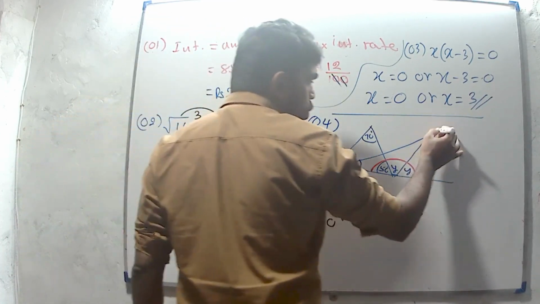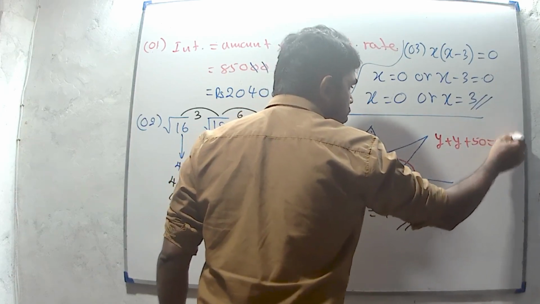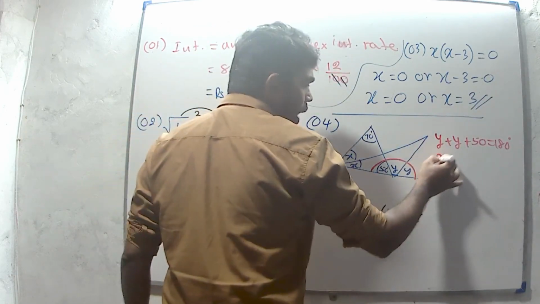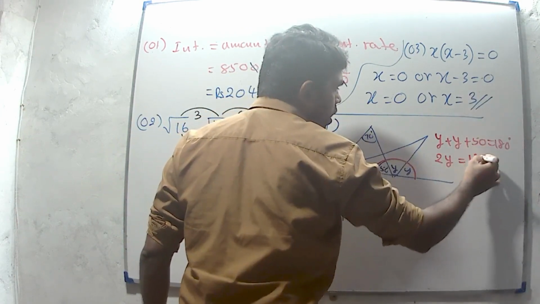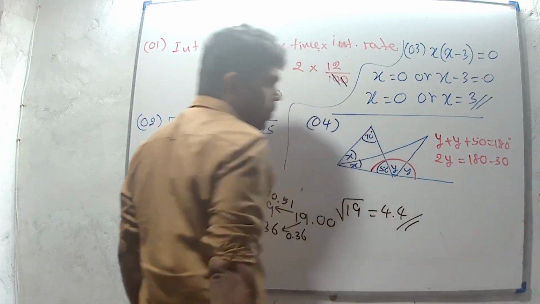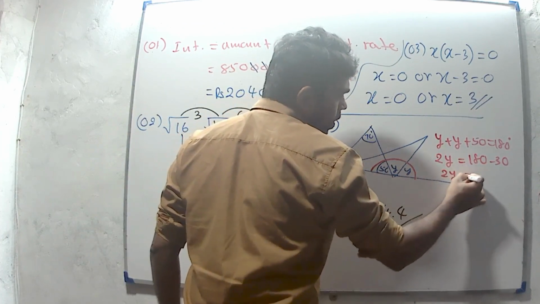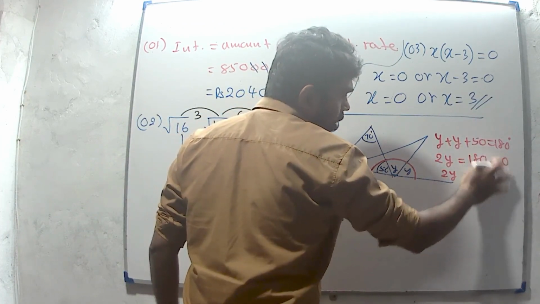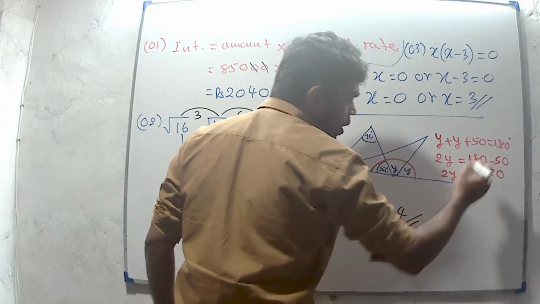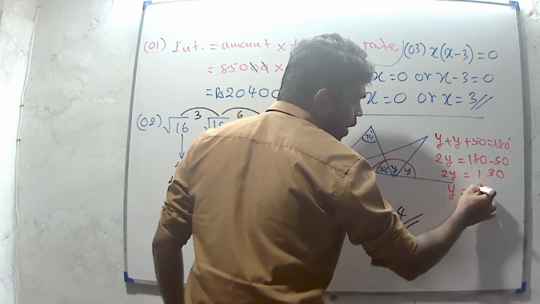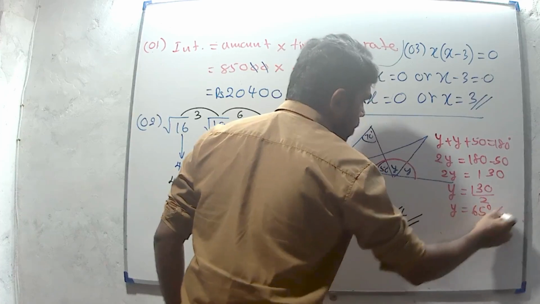We can write y plus y plus 50 equals 180 degrees. 2y equals, I will bring 50 to the right hand side, 180 minus 50. 0 minus 0, 0, 8 minus 5, 3, 130. Then when finding y value, we have to divide by 2. Y value is 65 degrees.